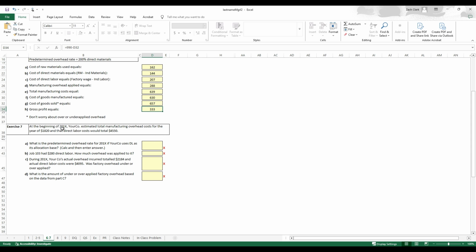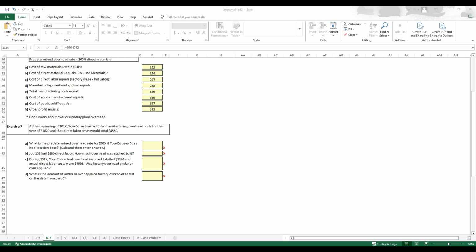At the beginning of the year, your company estimated total manufacturing overhead cost for the year at 1,820, and that direct labor costs would total 4,550. So we have to figure out what the predetermined overhead rate for this year is if your company uses direct labor as its allocation base.